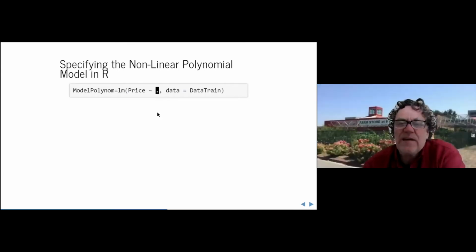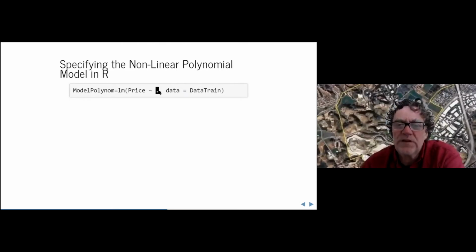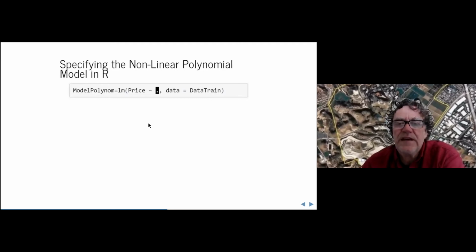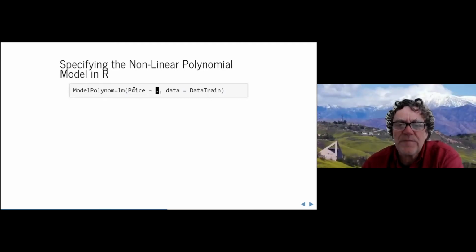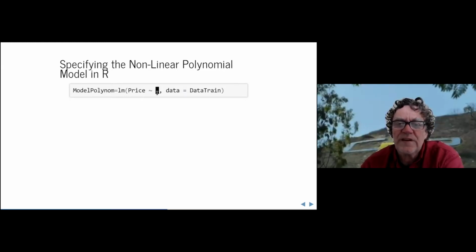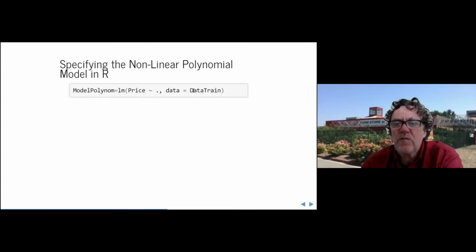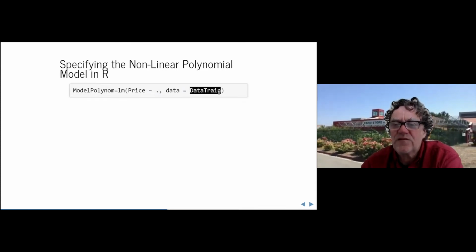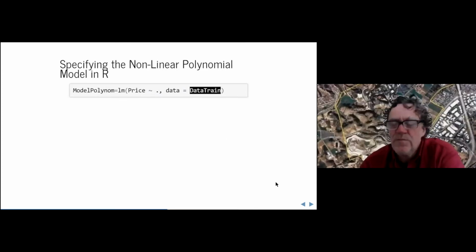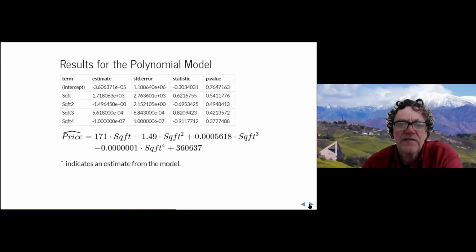But there's an easier way. I can just say, use all the variables that are in the data frame, obviously except the price variable. Instead of having a long list, I just put a dot there. Still, I have to say where my data are. They are in data train, which is modified now. And I get my result.